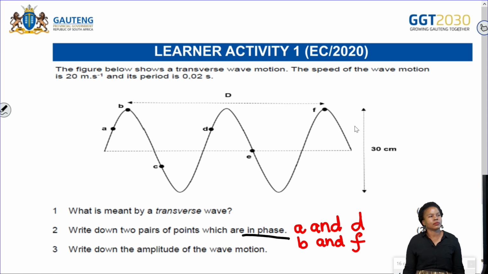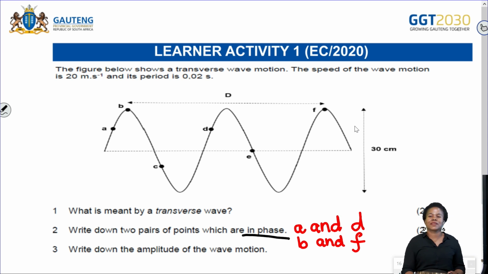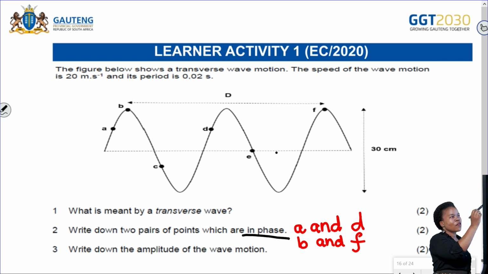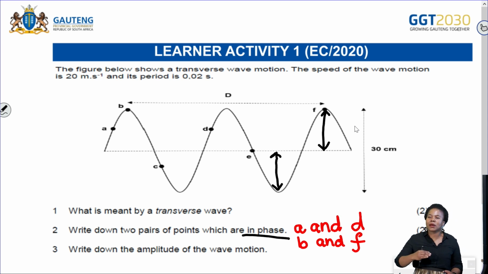No. Because your 30 centimeters is just moving from the top, passing through your equilibrium point, right down to where your troughs are. But your amplitude has to be moving from the rest position to the lowermost point or to the uppermost point, because it is the maximum displacement from the rest position.